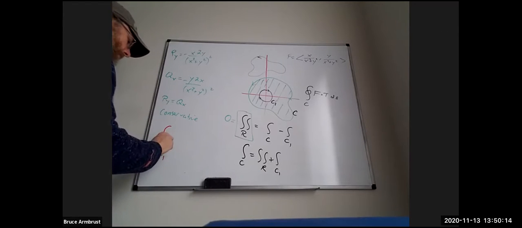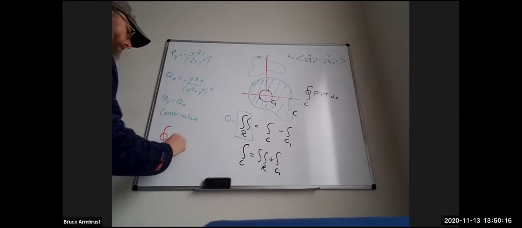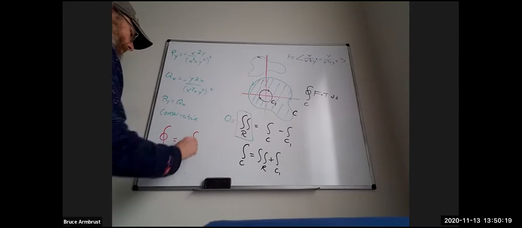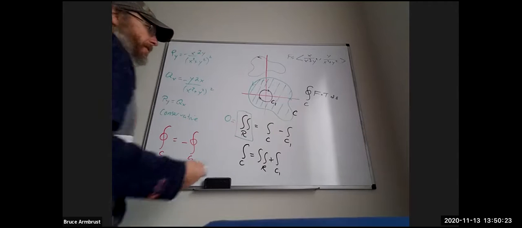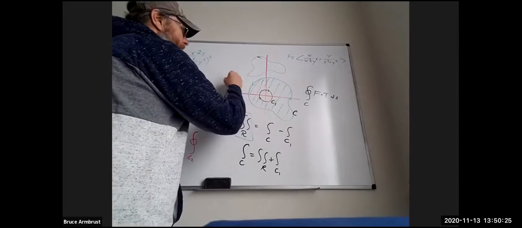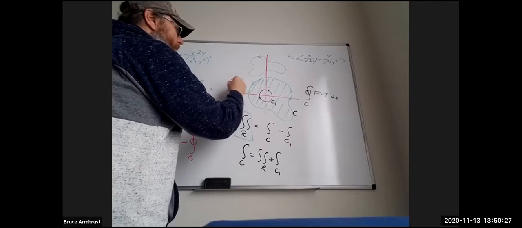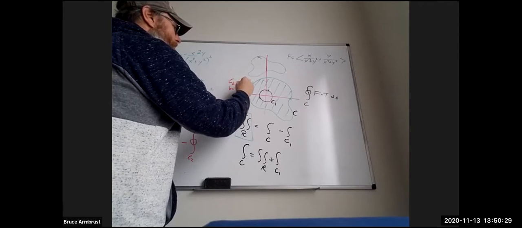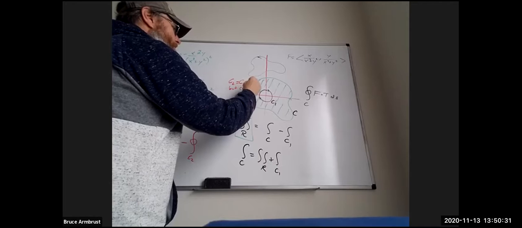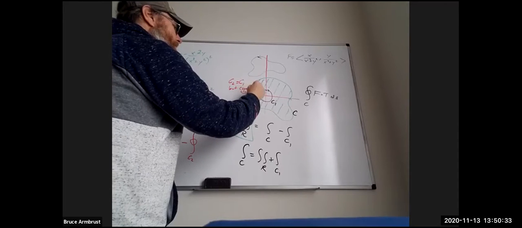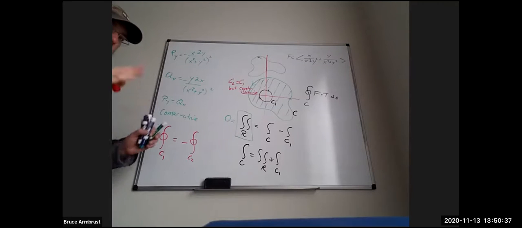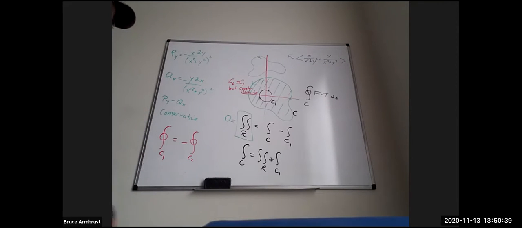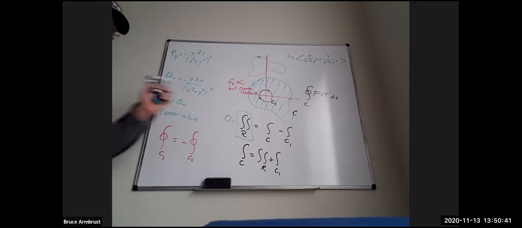So what I'm going to do is make it the negative of C2, where C2 equals C1 but counterclockwise. That way we don't have to worry about trying to do a different parameterization. We'll just do what we normally do. We'll just throw a minus sign on it.